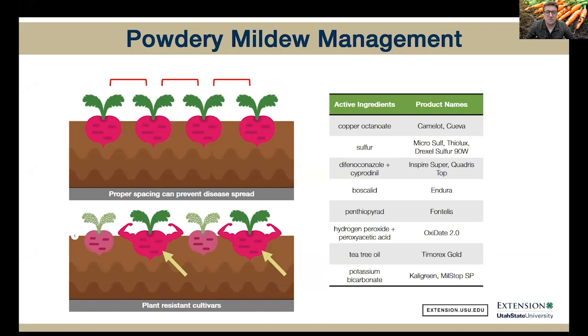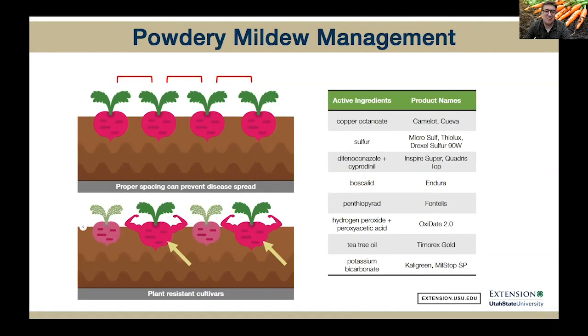This might be something you want to consider since powdery mildew is super common. There are many options available. There are a lot of organic options too, such as copper-based products or sulfur-based products. And I even found a product that uses tea tree oil. It's not something I'm familiar with, but if that's a product you've used on your farms, let me know about it. I'd be curious about its effectiveness.